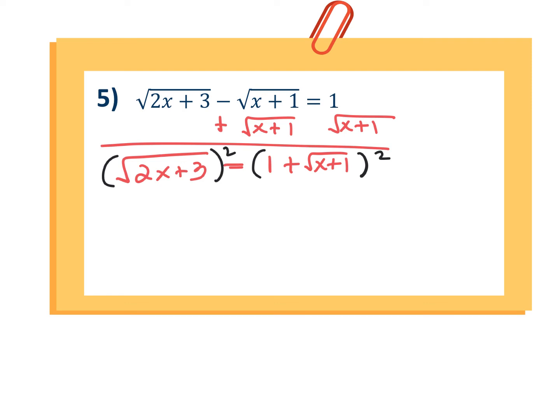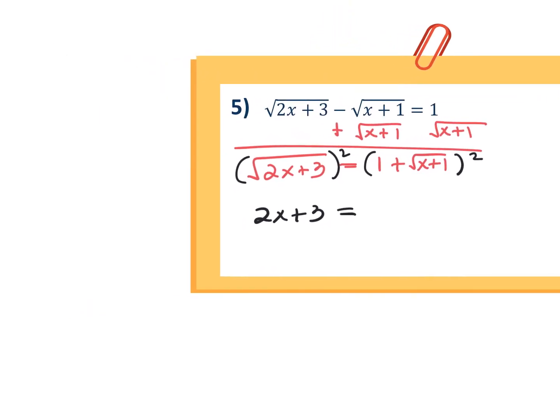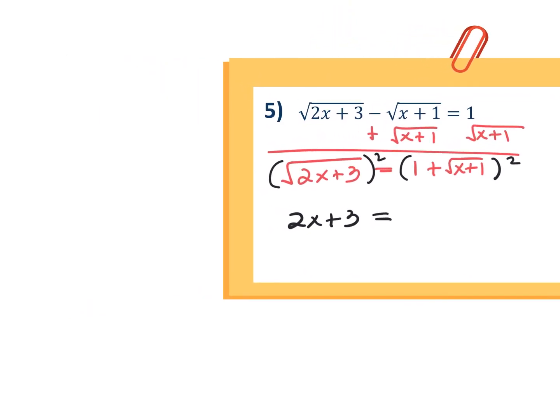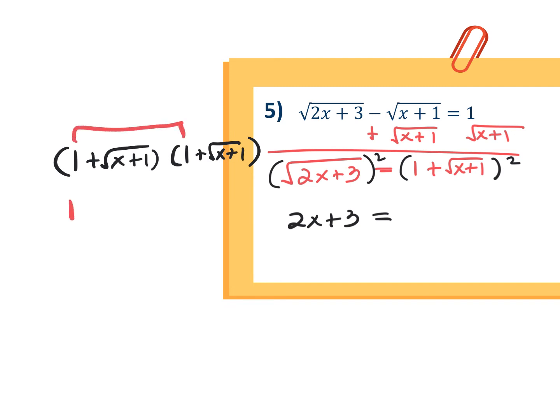So the left side, the 2x plus 3 just comes out. However, this right side, and let me show you the FOIL process, because it's a little bit more challenging than just a normal FOIL. So I'm writing it twice, and I'm FOILing this. So I'm doing first, 1 times 1 is 1.